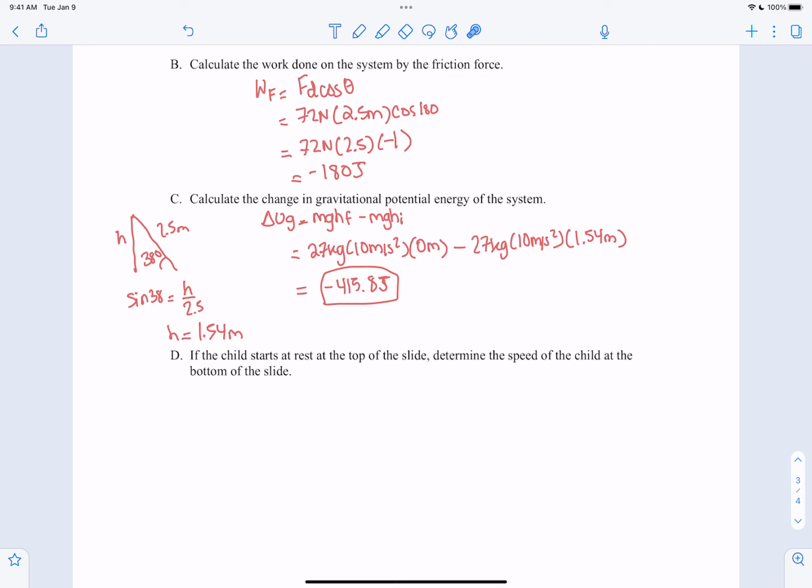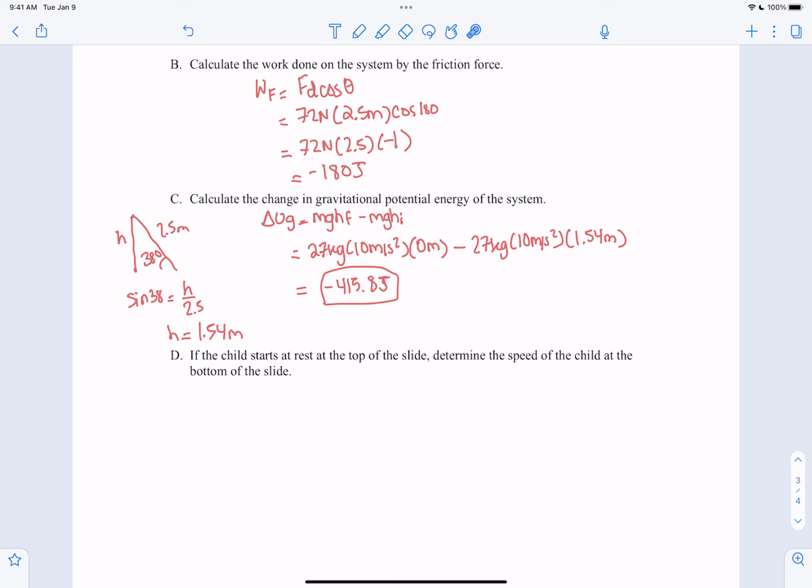So when we have this work, remember I said if we externalize work due to the force of gravity, then we can no longer calculate the gravitational potential energy. My bad.